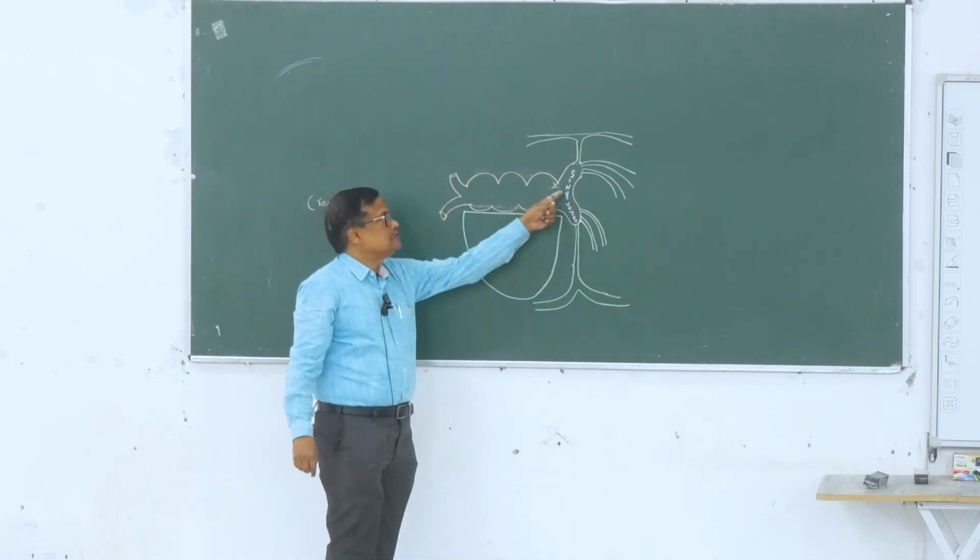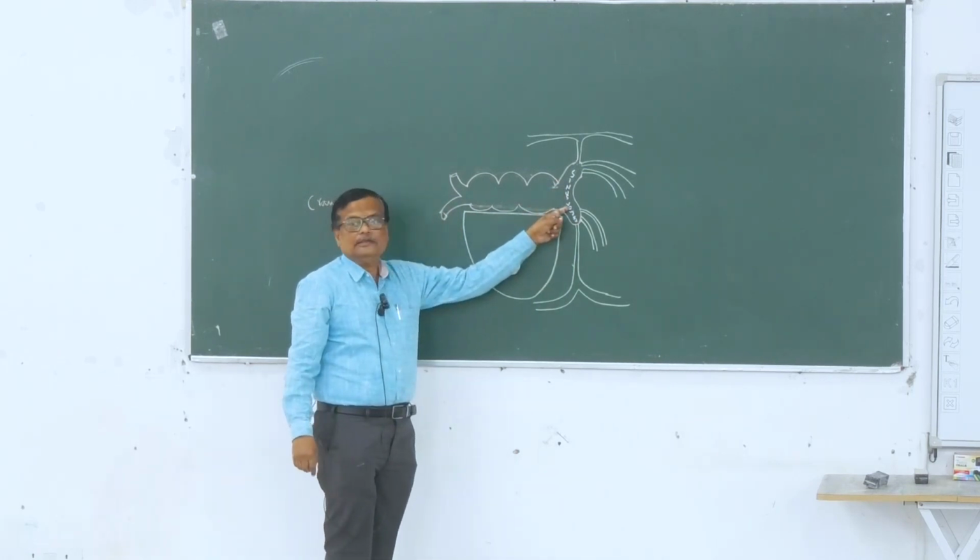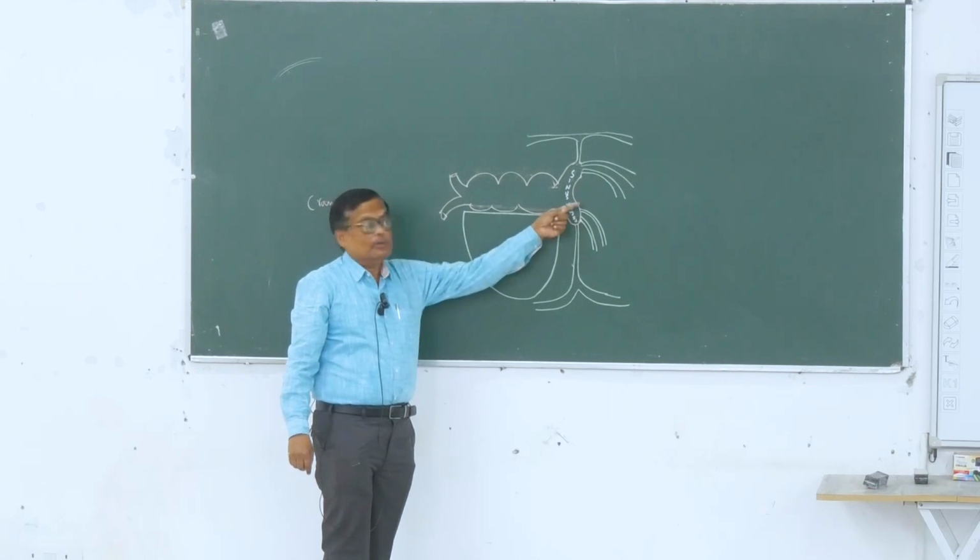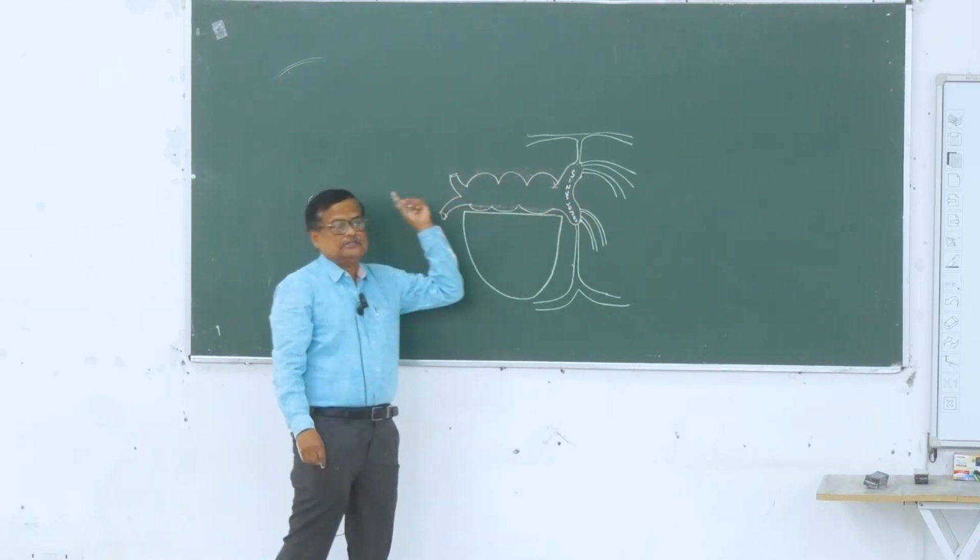So first, from the venous end, the first dilatation is the sinus venosus, from the liver side. This is the head side.